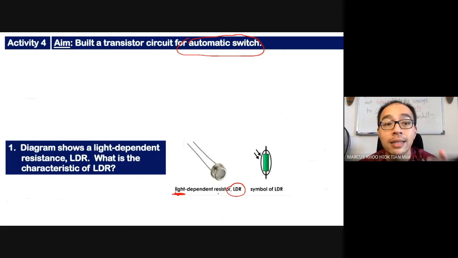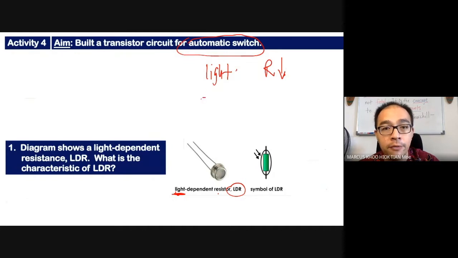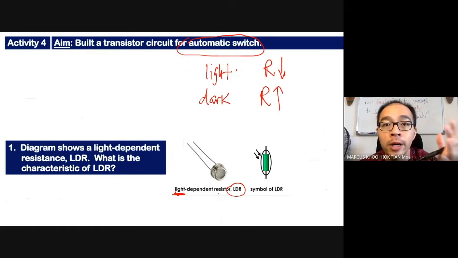Okay, light-dependent resistor. So if there is light, kalau ada cahaya, the resistance is low. Kalau dia gelap, if it is dark, the resistance is high. So this one, dia boleh berubah-ubah dia punya rintangan depending on the time of the day lah.